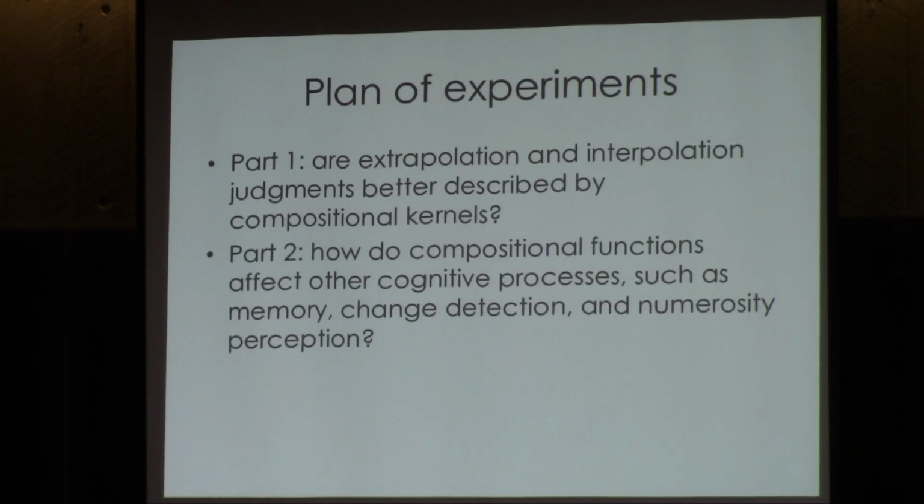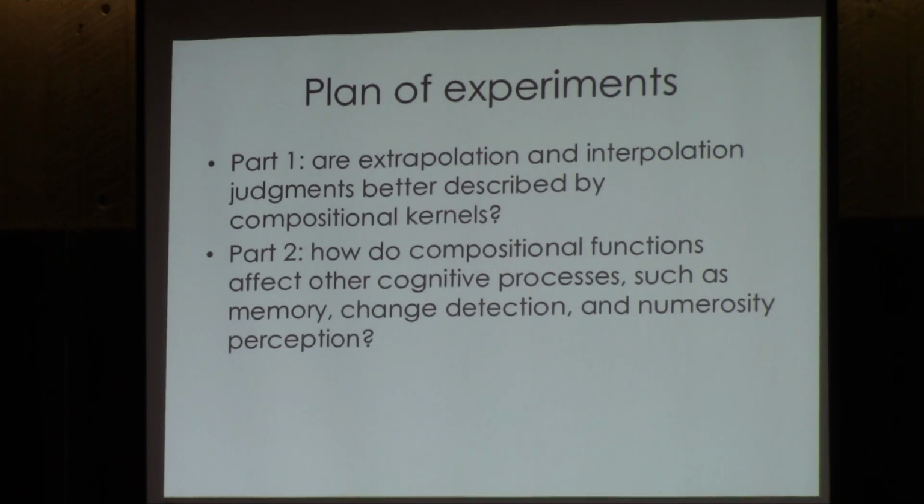OK, so here's the plan of the experiment. I'm going to divide it into two parts. The first part is basically function learning experiments. I'm going to ask this question: are human function learning judgments, particularly interpolation and extrapolation of functions, better described by compositional kernels than by a spectral mixture kernel, or even just a simple RBF kernel? And then in the second part, I'm going to talk about the bigger picture.